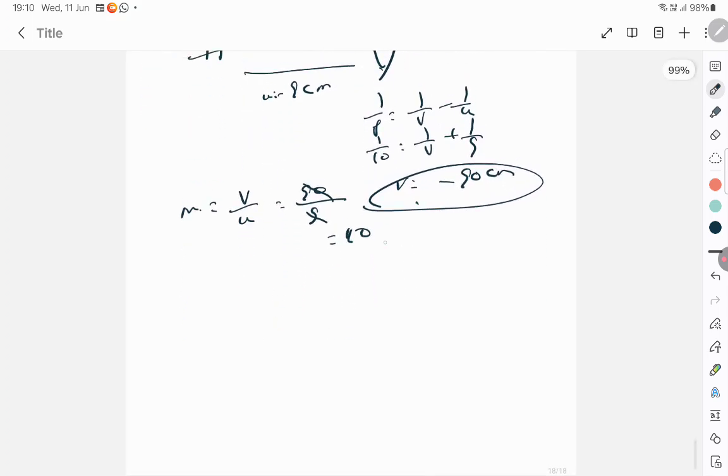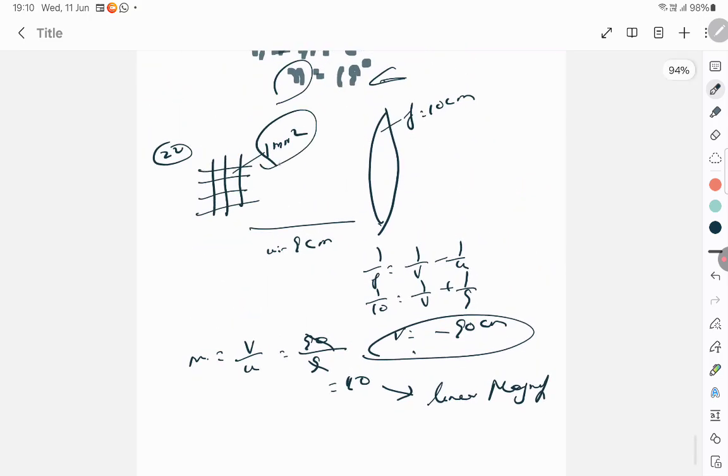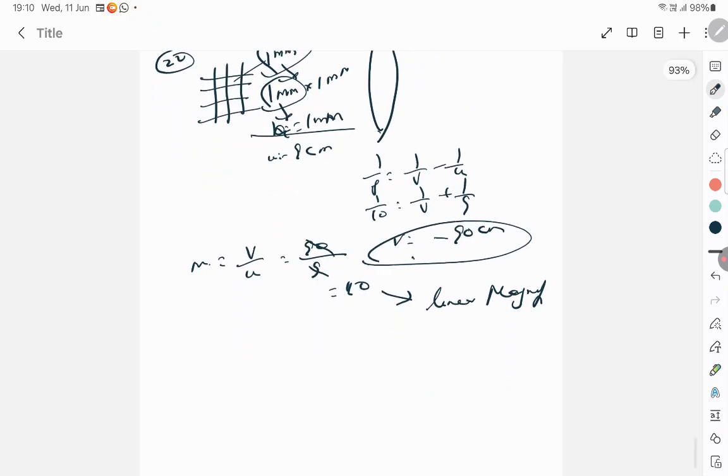The 10 times magnification is only the linear magnification, not the entire area. But here in the question, they have given an area of 1 millimeter square. 1 millimeter into 1 millimeter is 1 square, so the side of 1 square is just 1 millimeter. So 1 millimeter is going to be multiplied 10 times, and it becomes 10 millimeters. That is the linear magnification, not the area magnification.